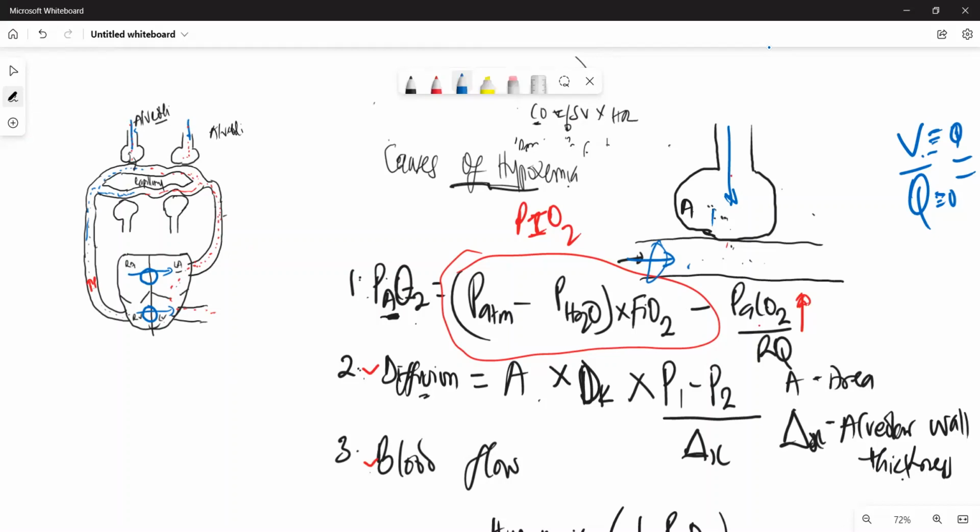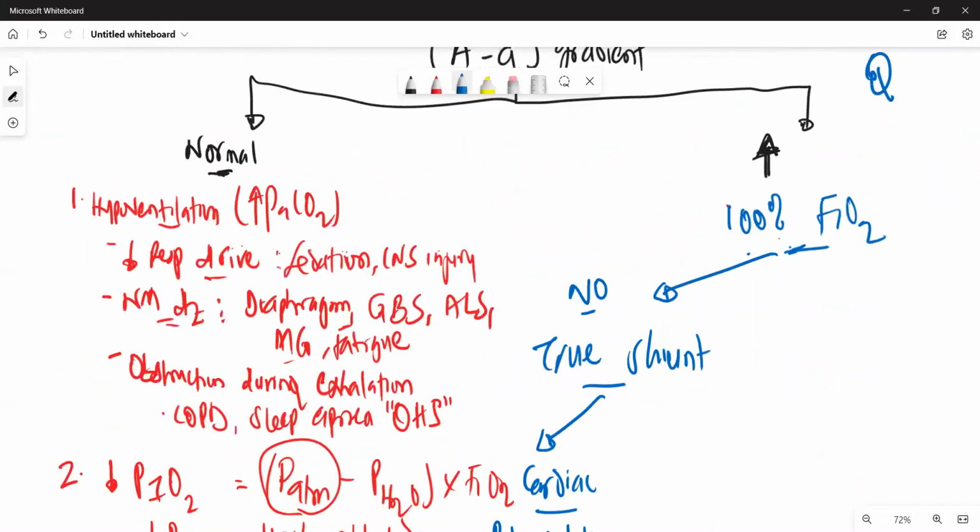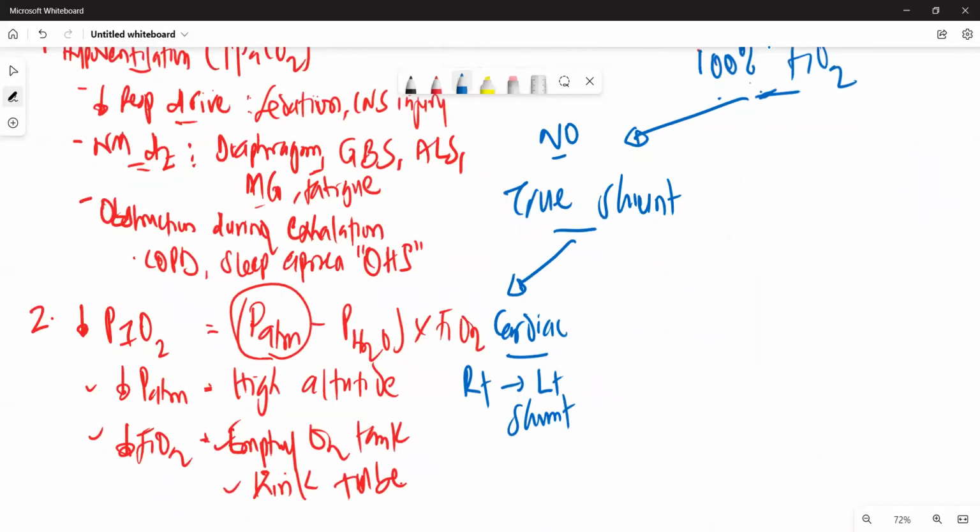Because at the end of the day, all the blood ending up in the systemic circulation is purely deoxygenated blood. So that would be a true shunt. Another cause of true shunt would be if it's happening in the pulmonary system, in the lung itself.